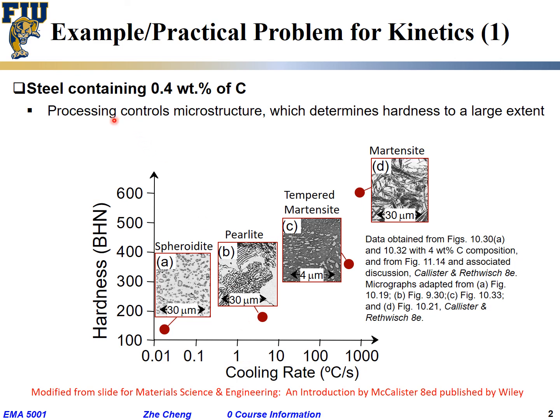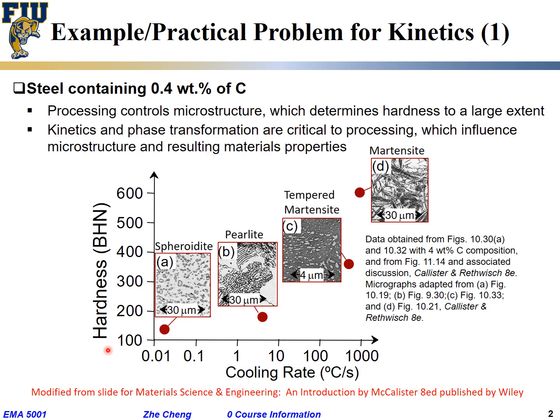It would change its microstructure. And the microstructure, later on, people realize it is the microstructure that determines the material property, and in this case, hardness to a large extent. Okay?